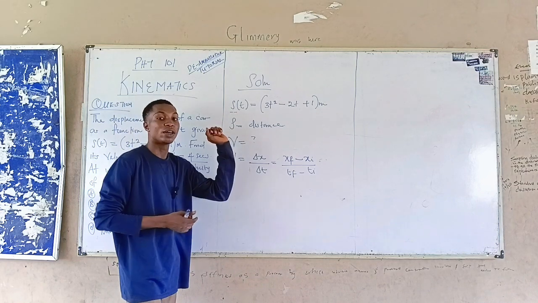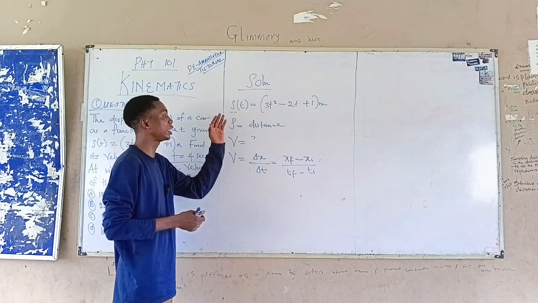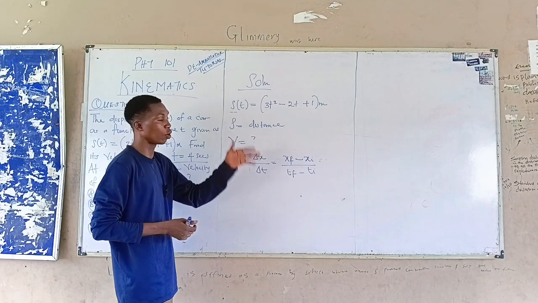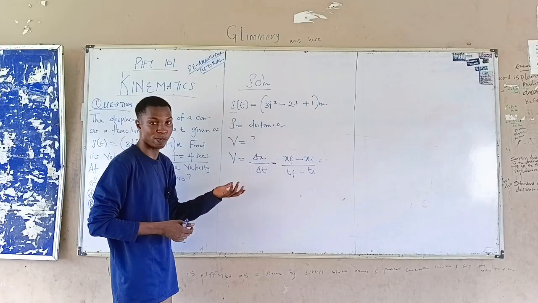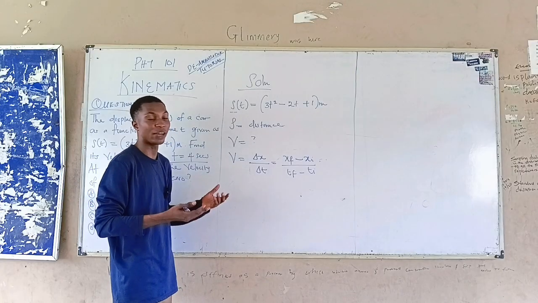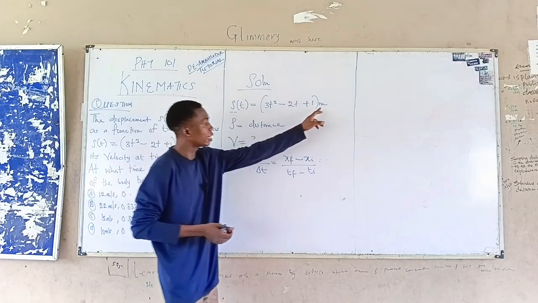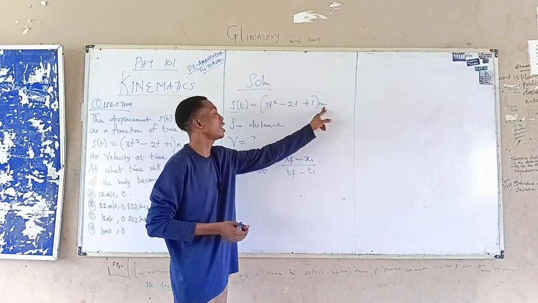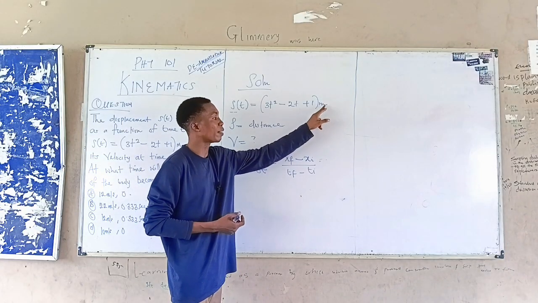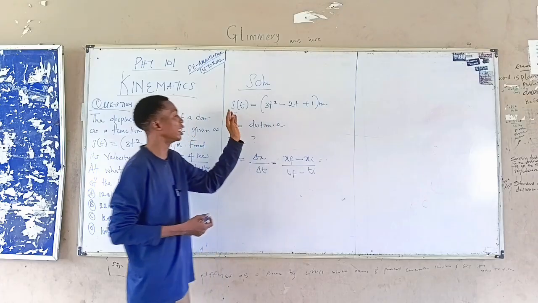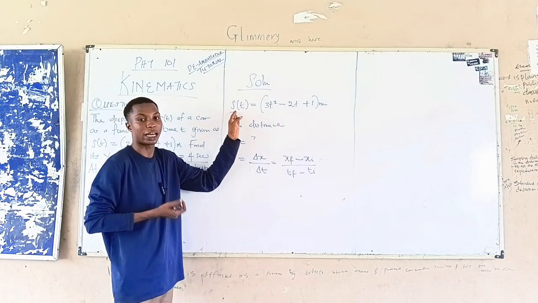Now, when you look at the kinematic equation, is it acceleration, is it velocity, or is it displacement or distance? How will I know? This is because here it is left in meters. Anytime we have a kinematic equation and meter is used, it means it's a distance or displacement kinematic equation.